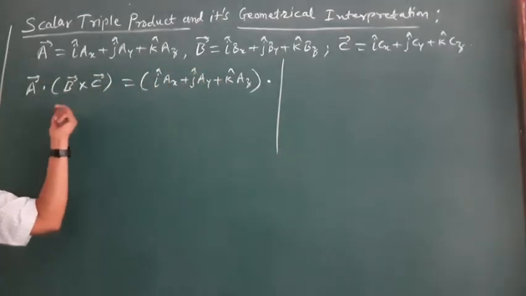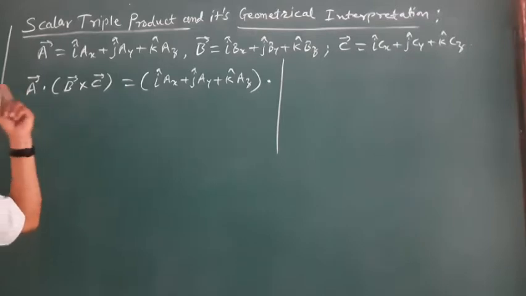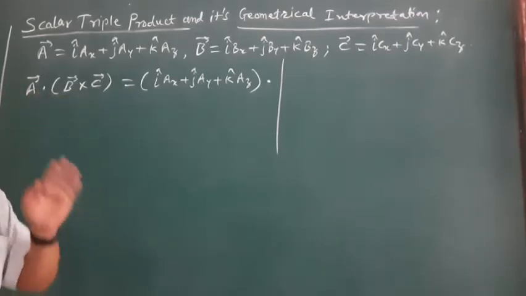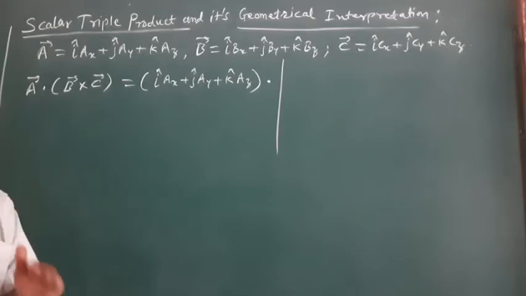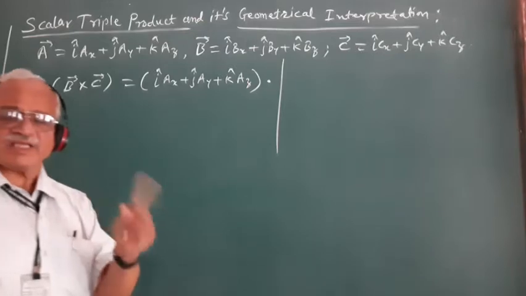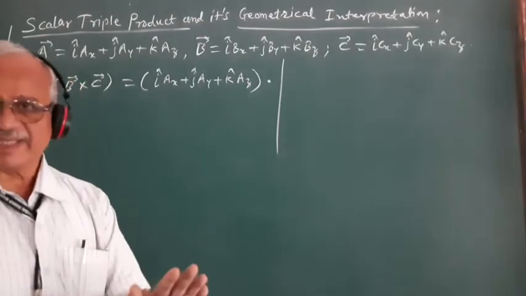We have seen in an earlier video that this cross product can be expressed in the form of a determinant. The first row of the determinant is the unit vectors i, j, k.